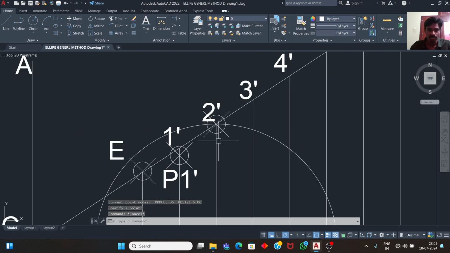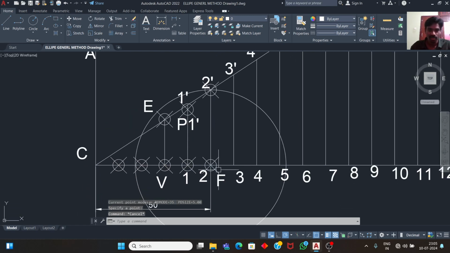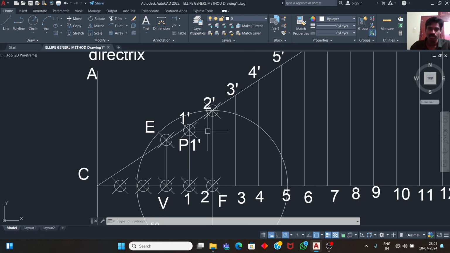By default it is on the second line and focus also in second point, so no need to change the circle. We need to increase the radius of the circle and locate a point. Double click on it, and this is the point P2 dash.